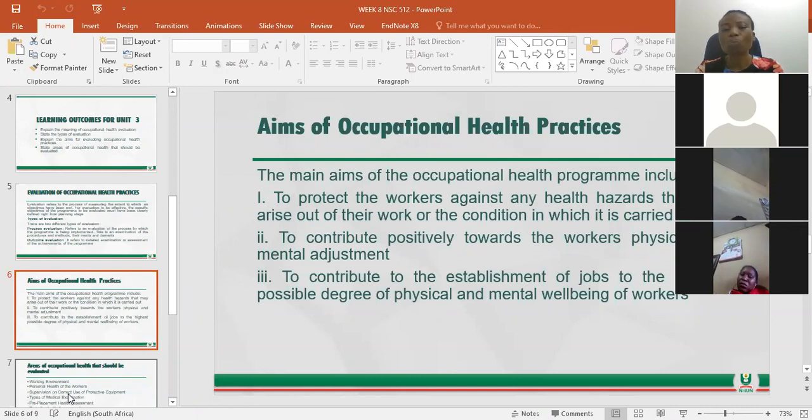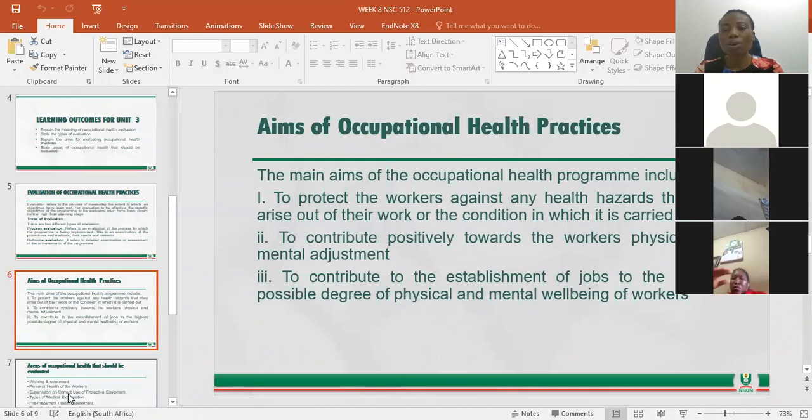It's also to contribute positively towards the workers' physical and mental adjustments. Many are posted to a section that is completely new to them.